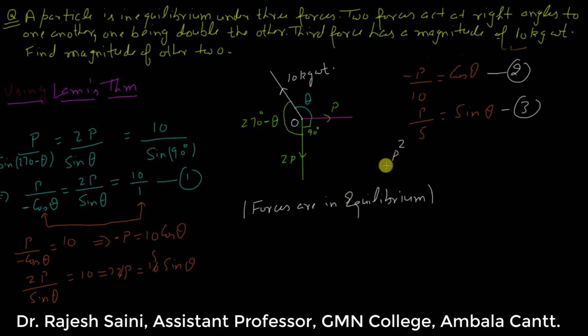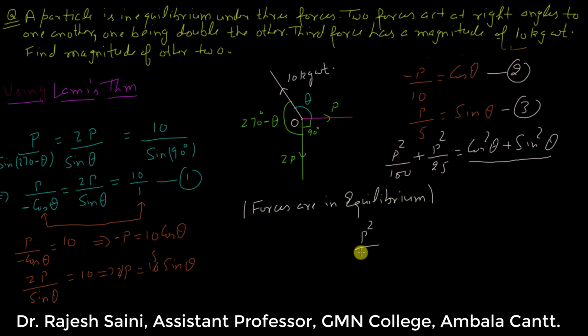P square by 100, because the square of minus P by 10 is P square by 100, minus square is positive. It will be P square by 25 is equal to cos square theta plus sin square theta. You know this thing is 1.